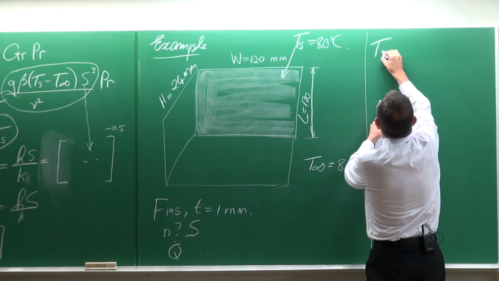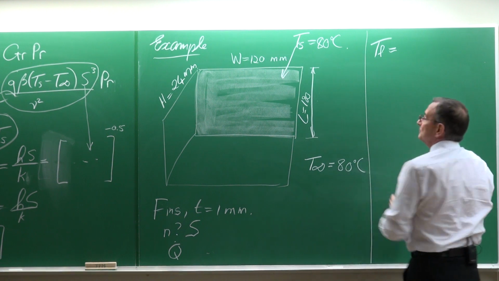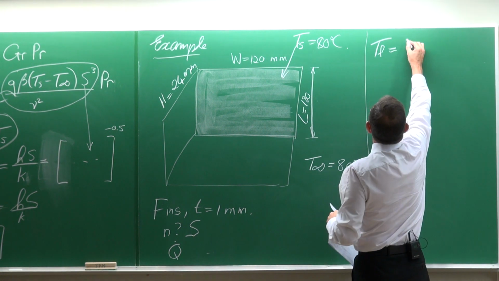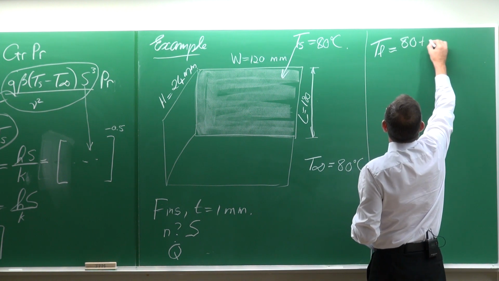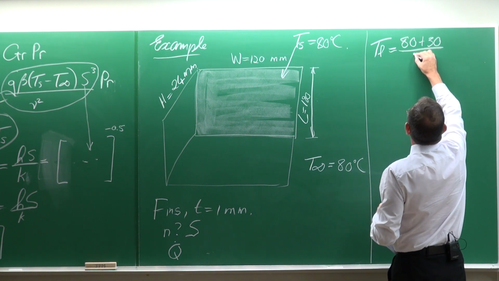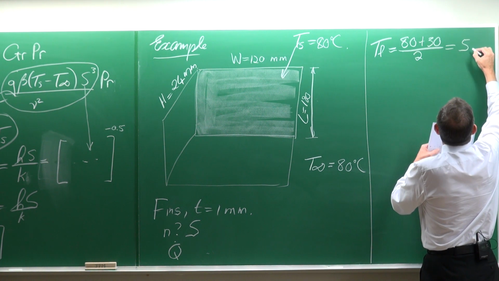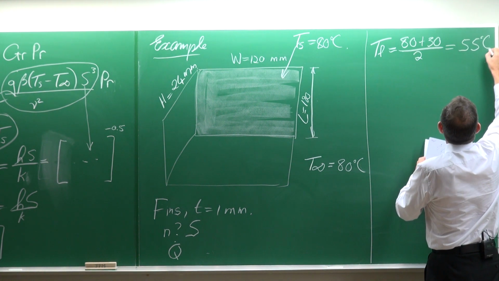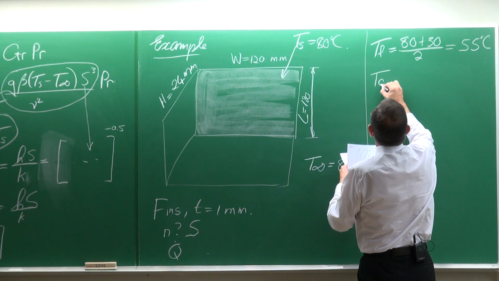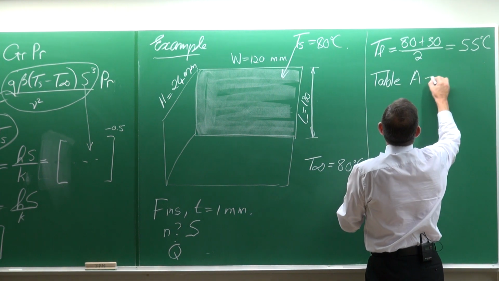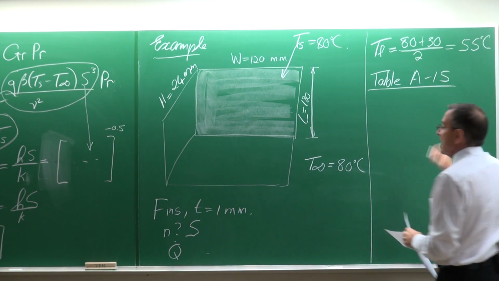We are going to work with air as the working fluid. We've got a wall temperature of 80 and an environment temperature of 30. So if we look at the fin temperature, it is equal to 55 degrees Celsius. And if we look in table A15, there you'll get the characteristics for air.